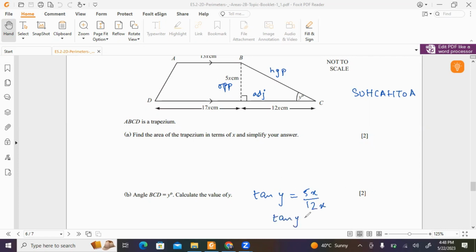What we have is tan y equals 5 over 12. So we take tan inverse of 5 divided by 12, and that is going to give us 32.6. That is your value.